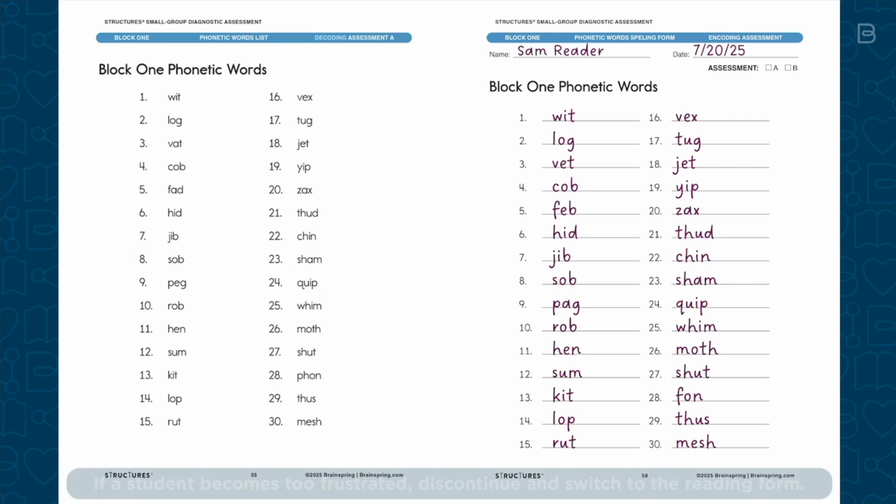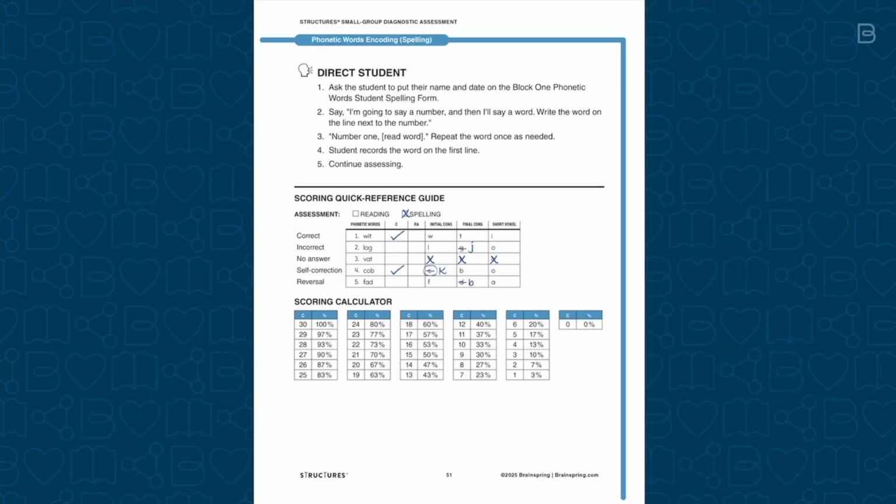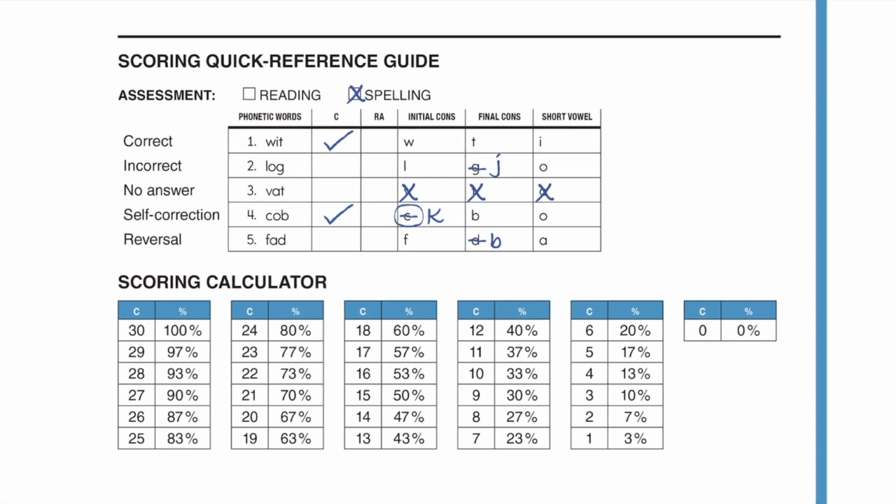So in analyzing, I can go ahead and use my instructional page before each assessment that goes in depth over the scoring quick reference guide. I want to make sure for spelling that I am identifying correct, incorrect, no answer, self-corrections, and reversals.